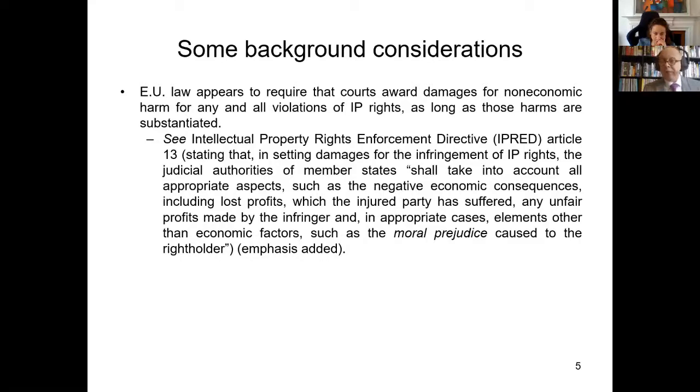So at least on its face, it would appear that the directive requires the judicial authorities of the member states to take moral prejudice into account across the range of intellectual property claims.